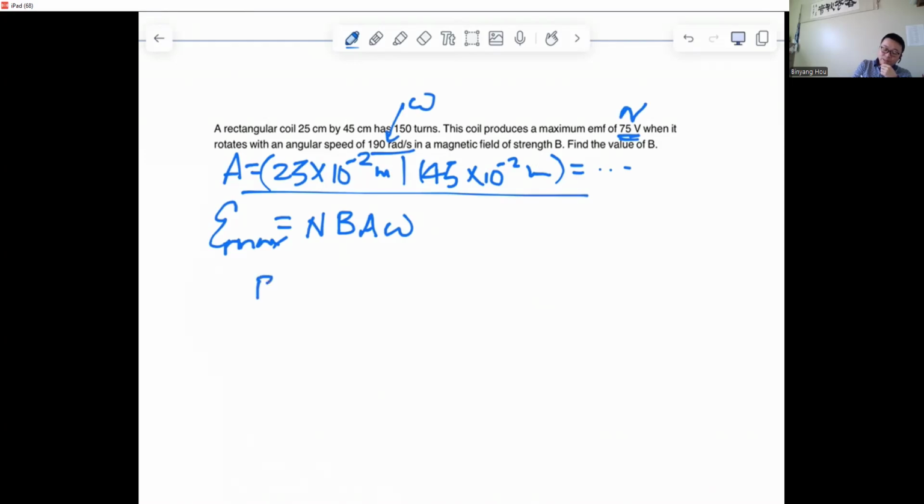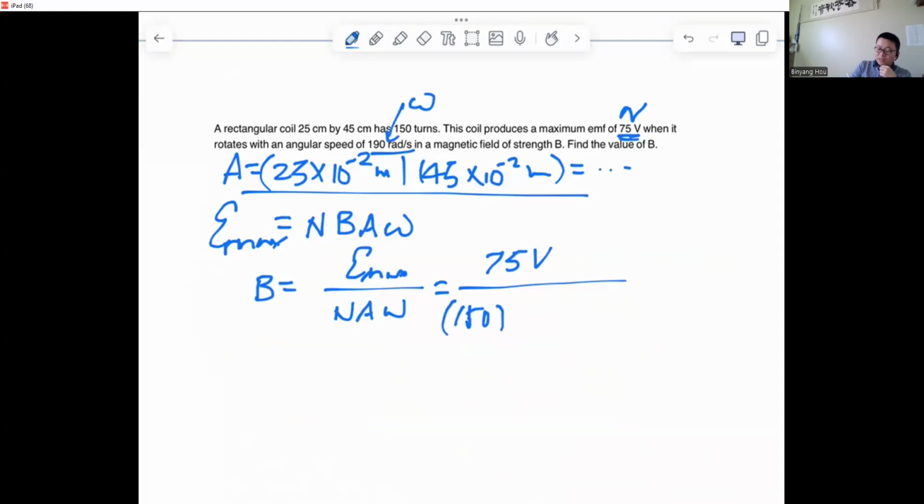So the B field in this case will be equal to epsilon max over N A omega. The maximum is 75 volts divided by the number of turns, 150, and then the area, which is 25 times 10 to the minus 2 times 45 times 10 to the minus 2, you can also do 0.25 by 0.45, and then omega is 190.